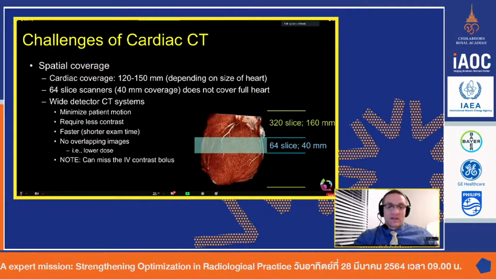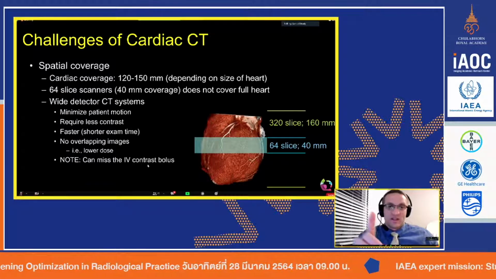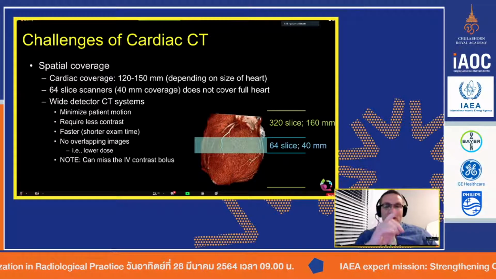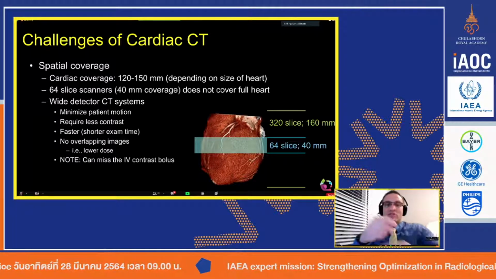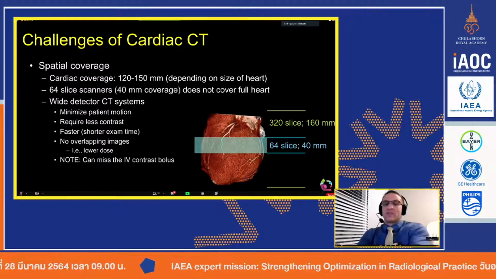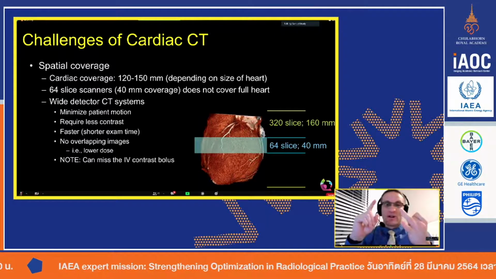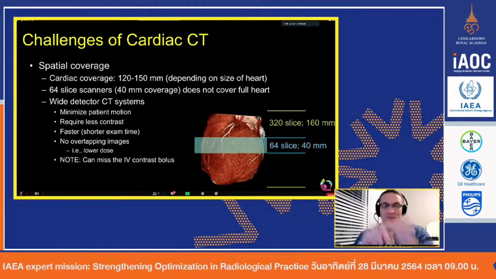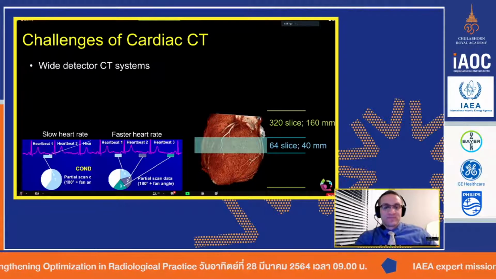And the biggest caveat to this, and probably the disadvantage of this, is because you're done in a single rotation, 0.25, 0.275 seconds, you've got to make sure your contrast bolus timing is right on. If you miss it, you might acquire it before, and then obviously the image is going to look very diluted.